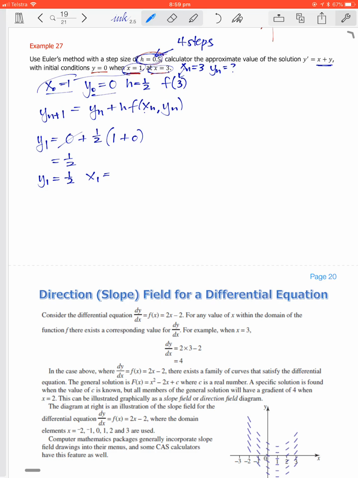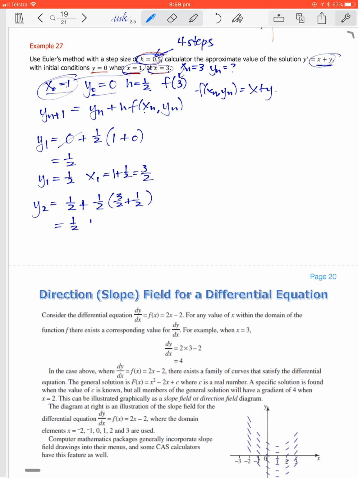Okay, so if I want to find y2, that's y1, which is a half, plus h, which is a half, and then f of x plus y. Because in this case, f of xn, yn, is equal to x plus y. So if I put x in from my previous question, I get 3 on 2 plus y, which is 1 on 2.